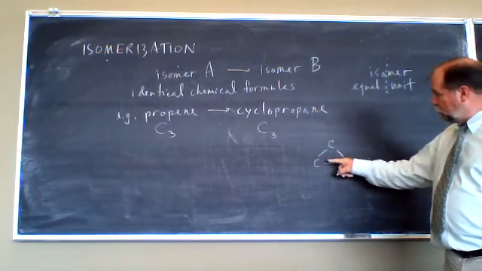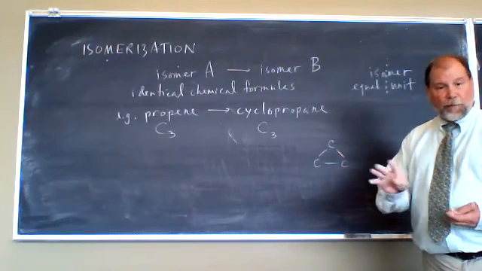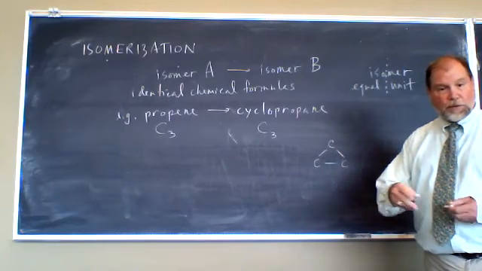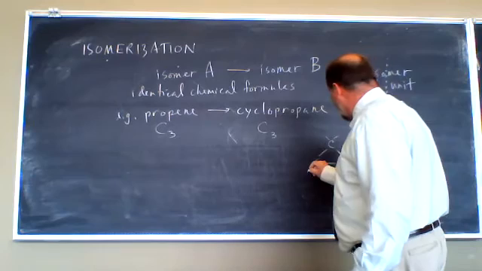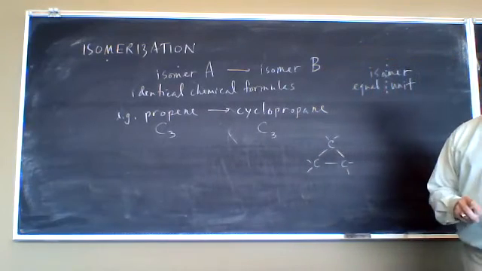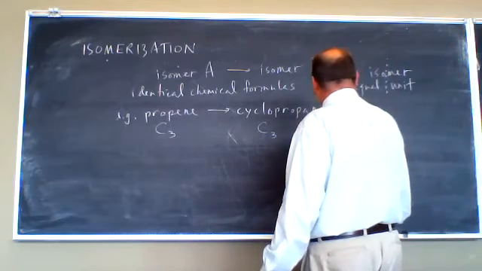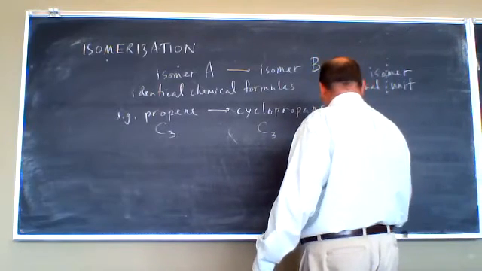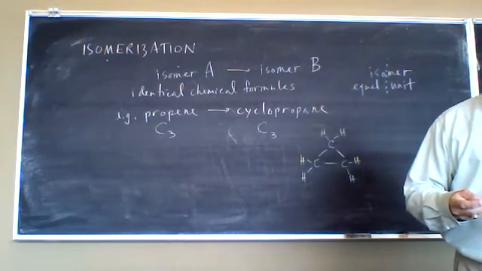Notice that within the ring, each carbon already has 2 atoms to it. Carbon atoms require 4 bonds, and so each one of these carbon atoms requires 2 more bonds. Well, this is a hydrocarbon, so those other bonds are going to be hydrogen atoms.